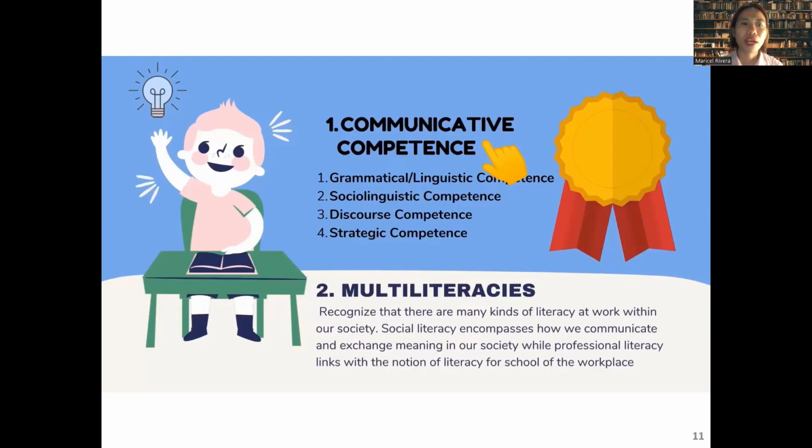Oftentimes, the more traveled a person you are, the more your perspective and your understanding about things are widened. But if you have very limited exposure to culture, then of course, your understanding is also very limited.